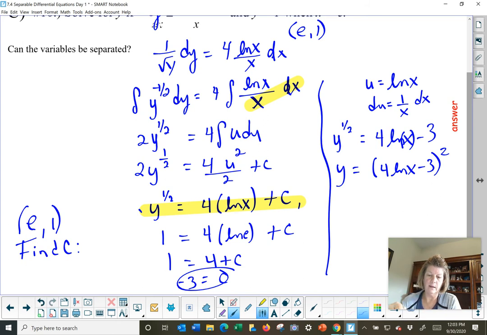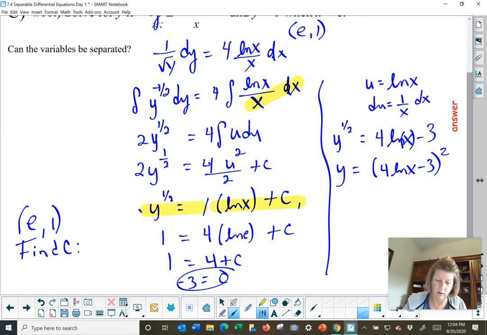The 4 in the x, let this be u. That's 1 over x dx. So u gets raised to the 2. This becomes a 2. Oh, right here. 4 over 2 is 2, and then I need to divide by 2.